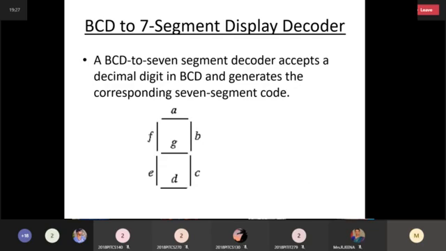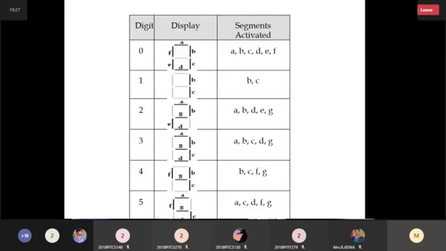Okay, how to write 0? This one is inactive. So 0 means segments A, B, C, D, E and F are activated. 1 means how to display 1?